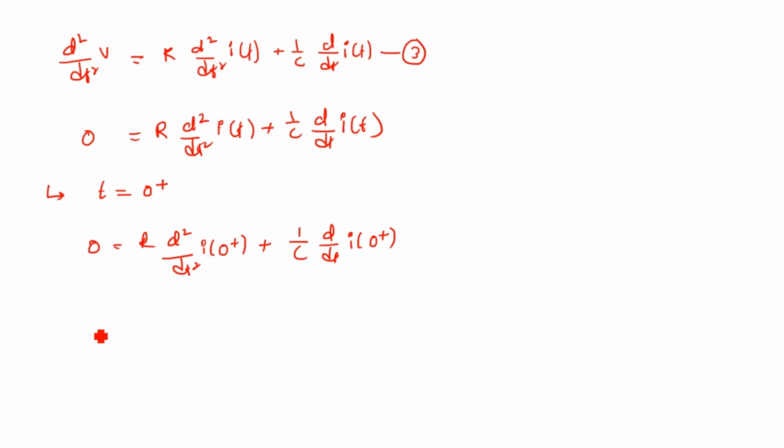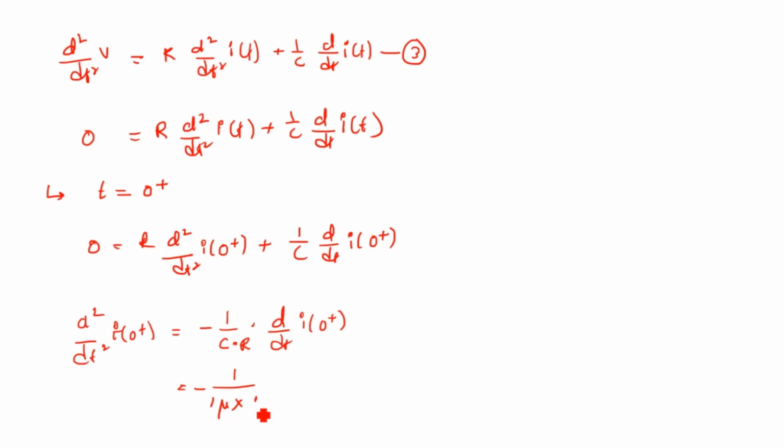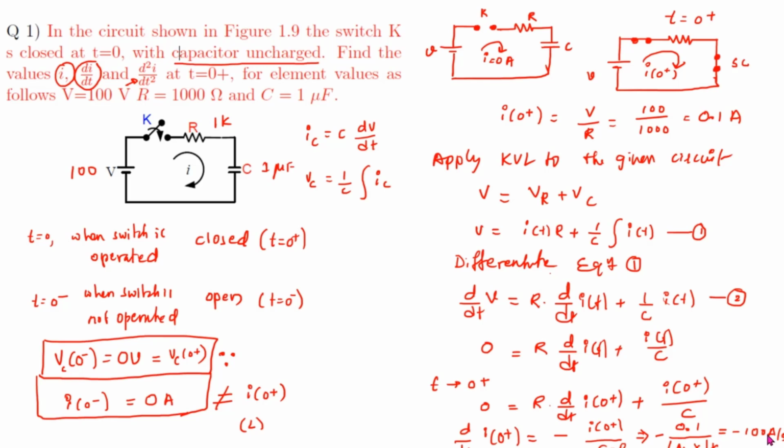Simplifying, d square by dt square of I0 plus equals minus 1 by C into R into d by dt of I0 plus, that is minus 1 divided by the value of C, 1 micro, into R value, 1k, into d by dt of I of 0 plus, which is calculated here.